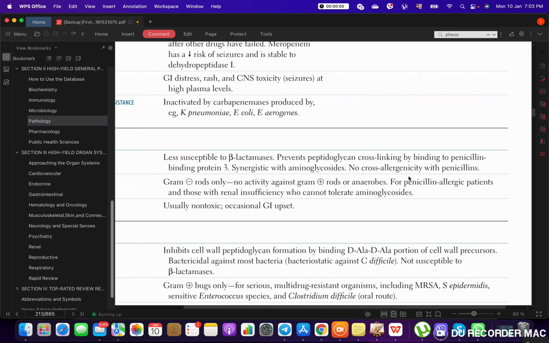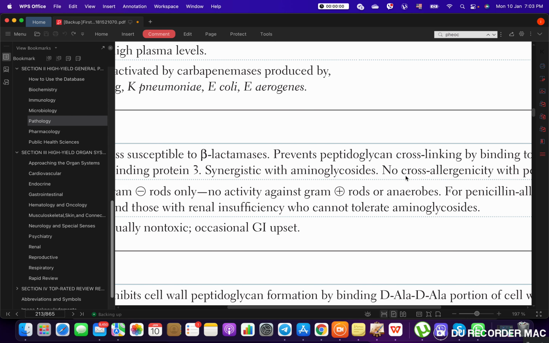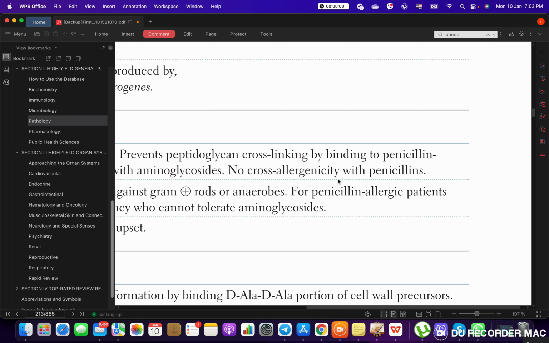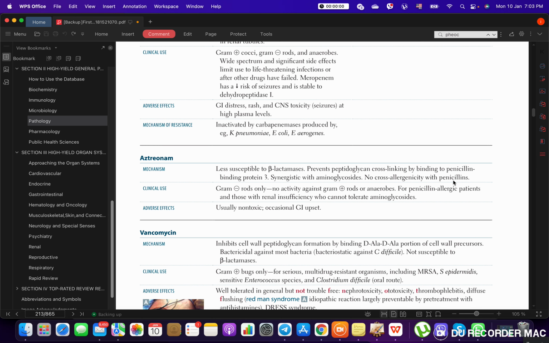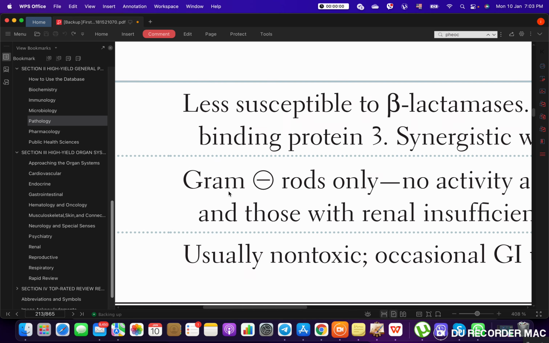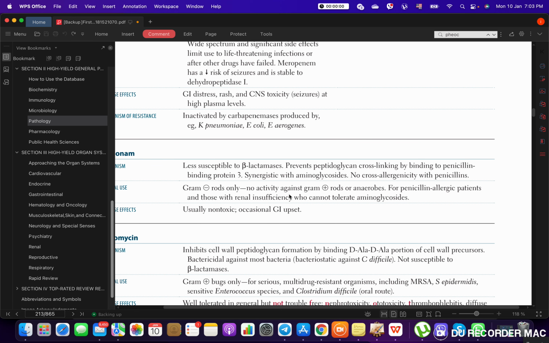So they say no cross allergenicity with penicillin. So if you are allergic to penicillin, don't worry, you will not be allergic to aztreonam. The clinical use is only for the gram-negative rods, no activity against any gram-positive rods or anaerobes. So it is for penicillin allergic patients and those who have renal insufficiency, who cannot tolerate aminoglycoside.